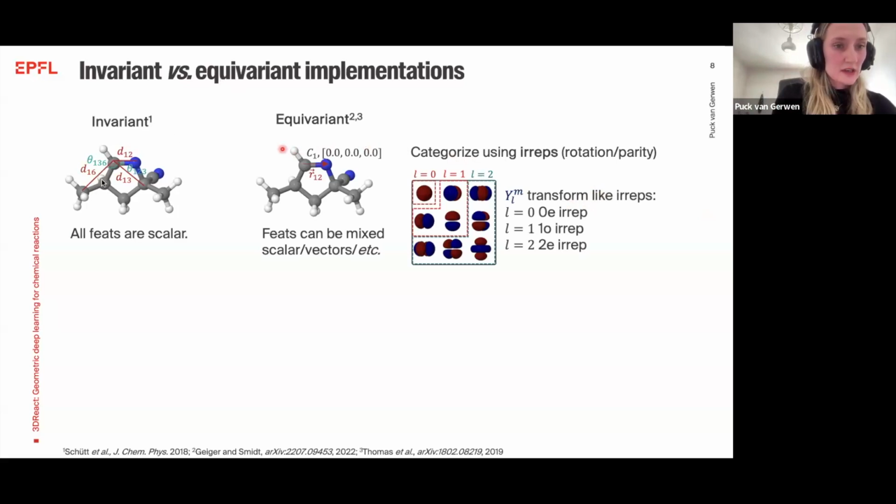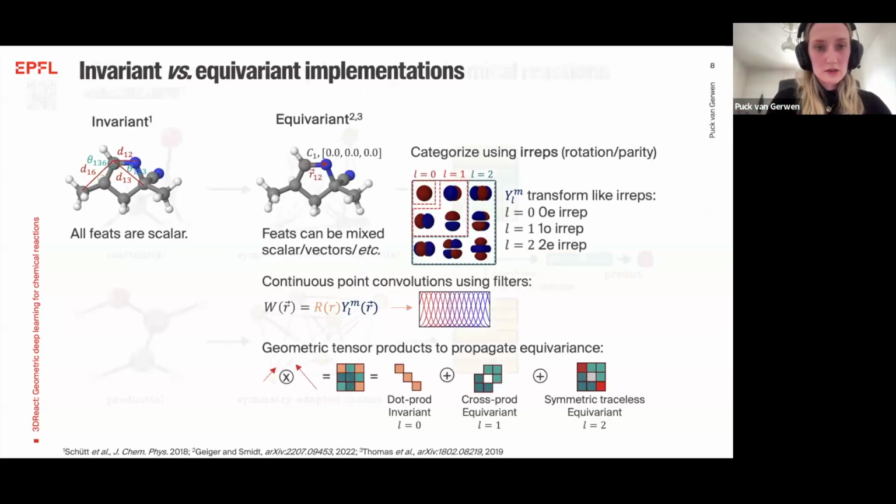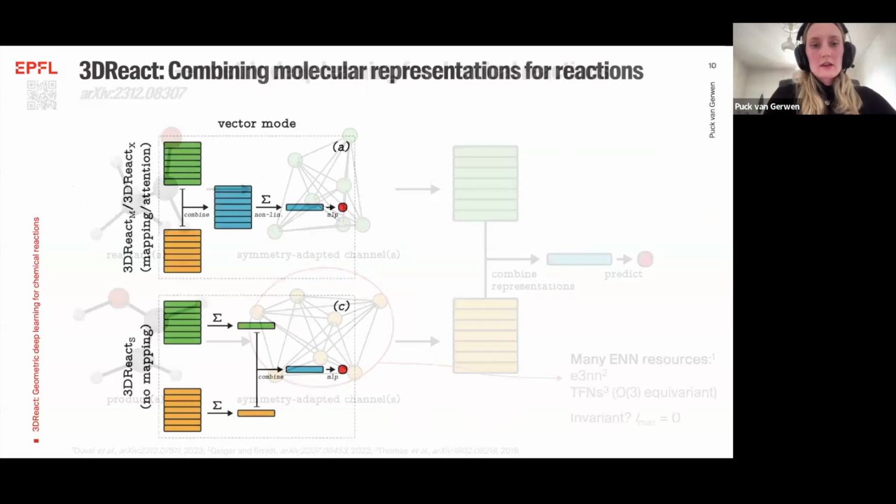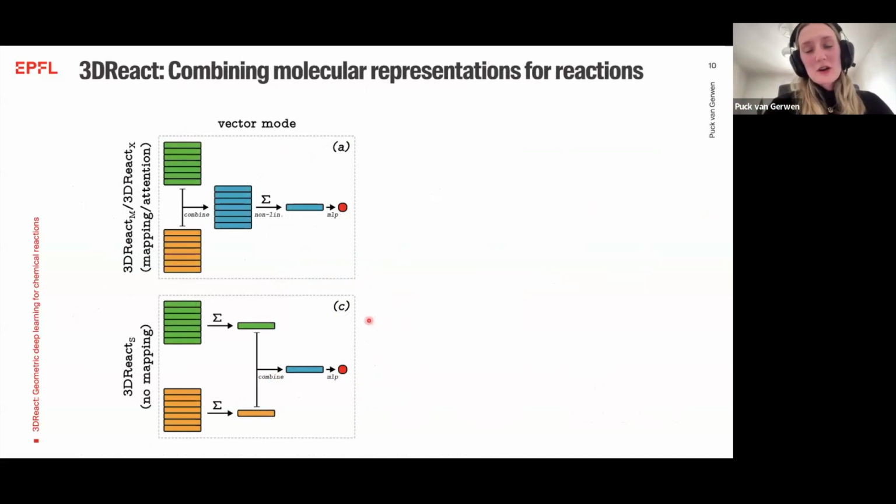Okay, the next question, the attention. It's a good question because you have noticed that equivariance is actually not preserved end to end throughout the entire network.